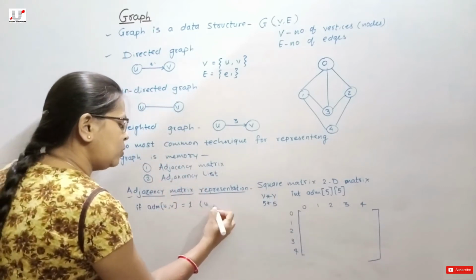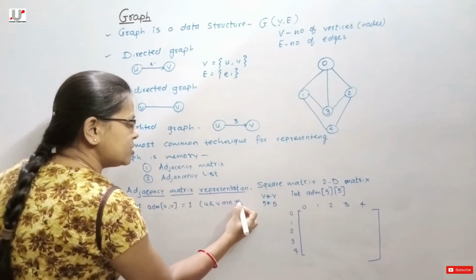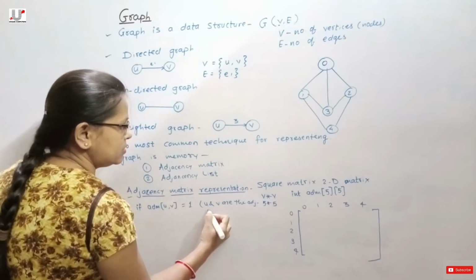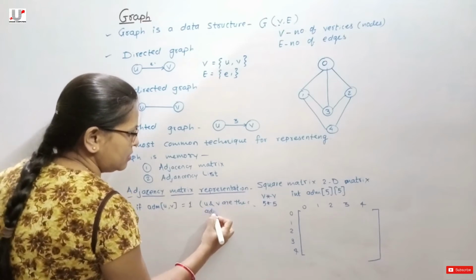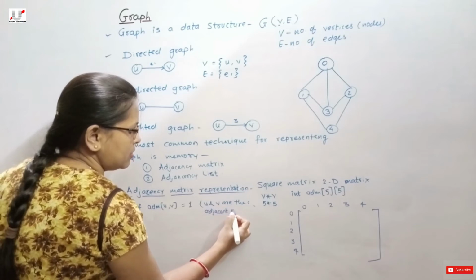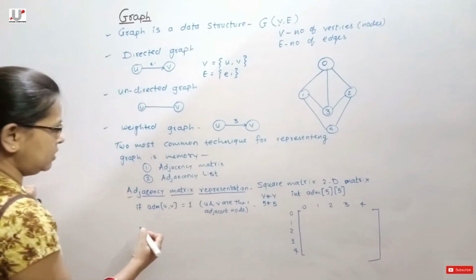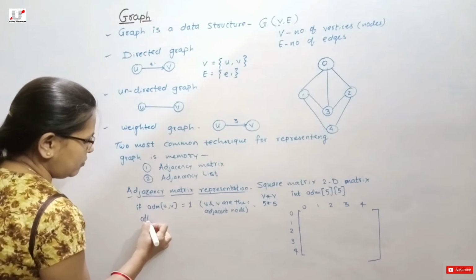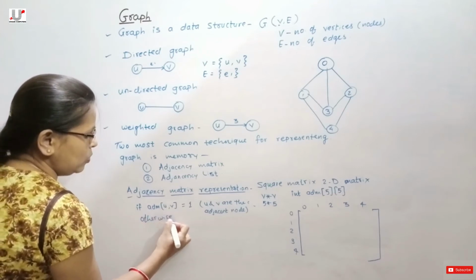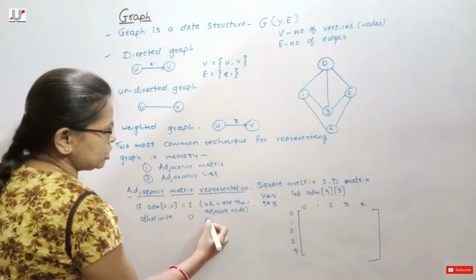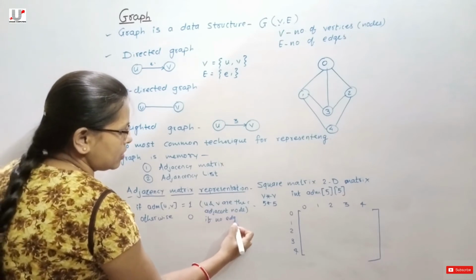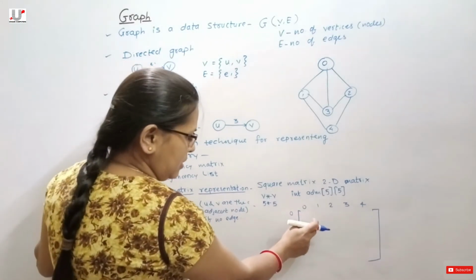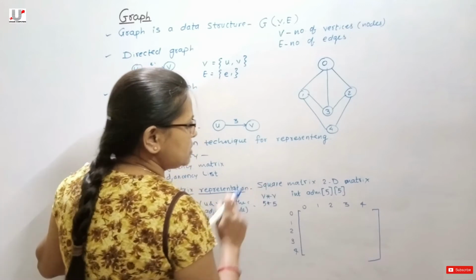That means here U and V are adjacent nodes, adjacent to each other. Otherwise, if there is no link, if there is no edge, then we have to specify 0. We have to follow these two rules while filling this adjacency matrix.